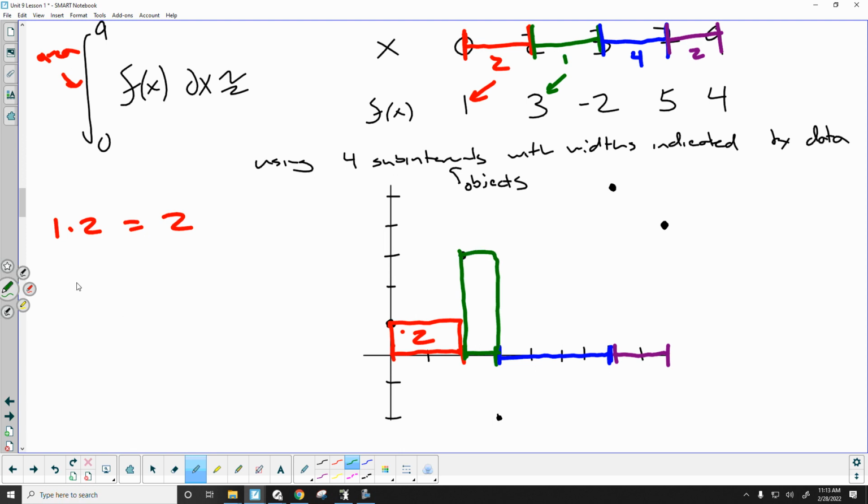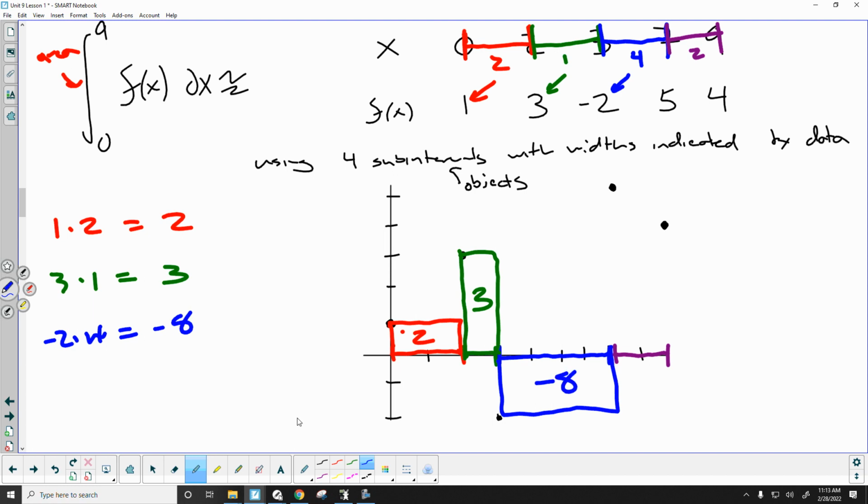Height 3, width 1, that's the 3. From 3 to 7, I'm going to use the height over the leftmost point, that height is -2. -2 is what I'm going to use. Height times width, -8. This is -8. And then from 7 to 9, I'm going to use 5.